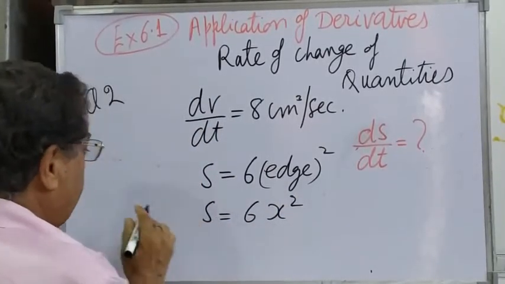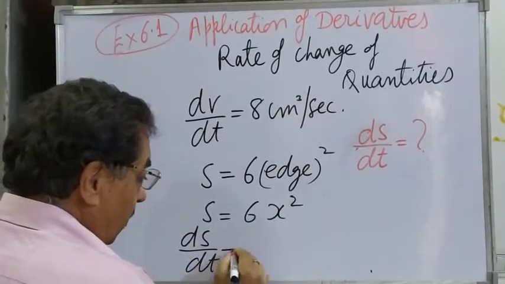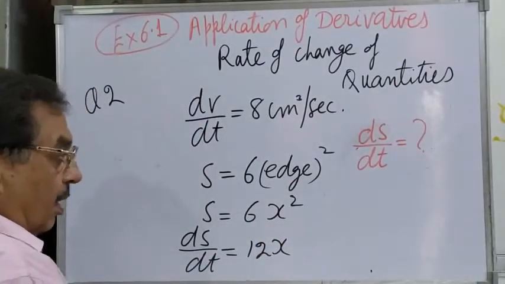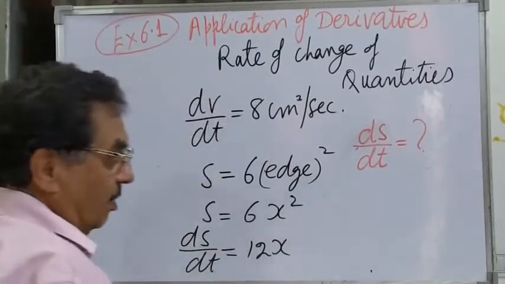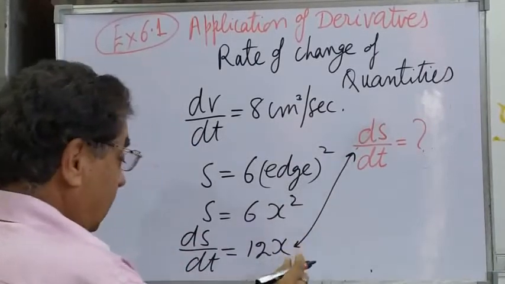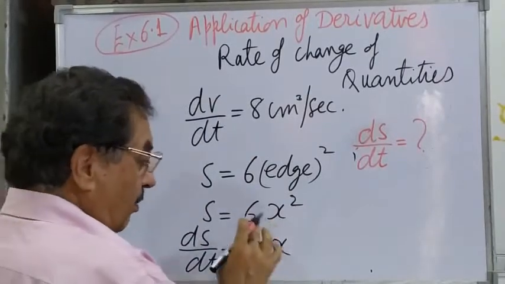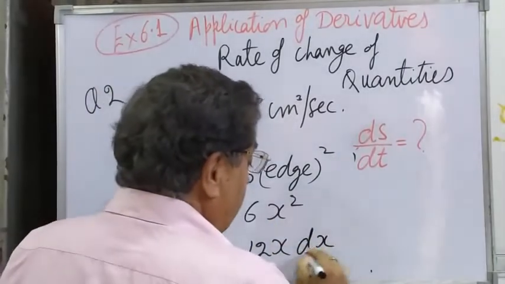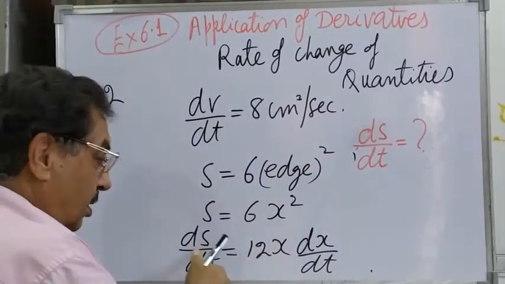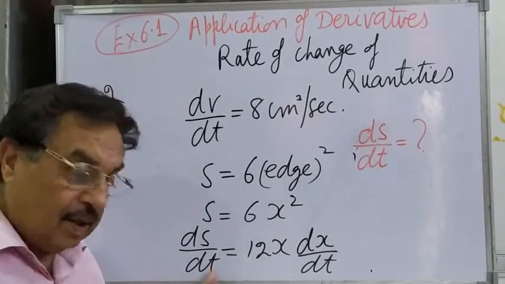Now we are supposed to find dS by dt. So our dS by dt would be 12x. Now how to find the x? Of course, dS by dt is 12x, and by the chain rule method we will also have dx by dt, since x square is being differentiated with respect to another parameter, time.